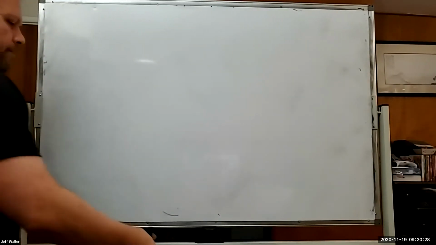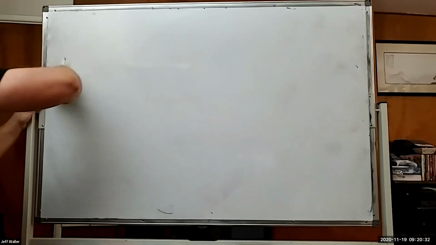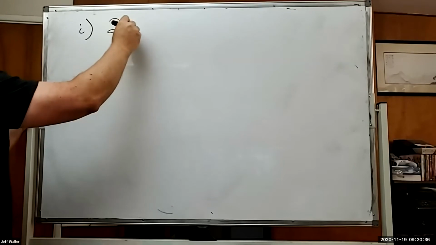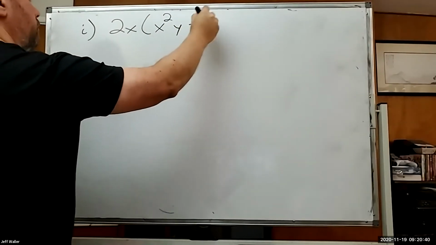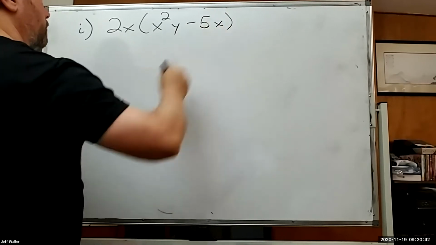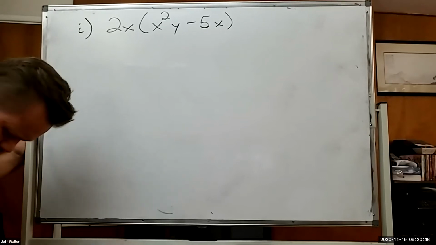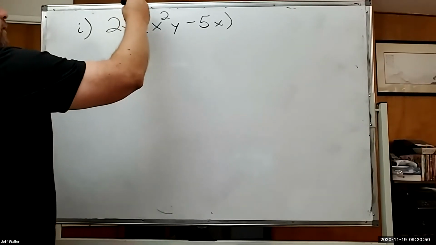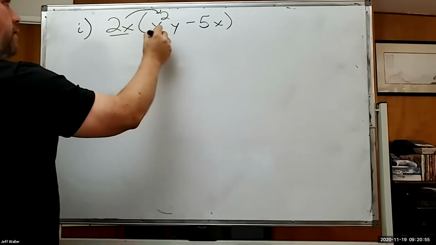Now, I'm pretty sure this has come up before, but I could be wrong. Well, this definitely has. Can somebody remind me how to do something like this? What would you do here? Distribute. Yeah, exactly. So you distribute. Now somebody else help me out. What do you get when you do 2x times x squared y?